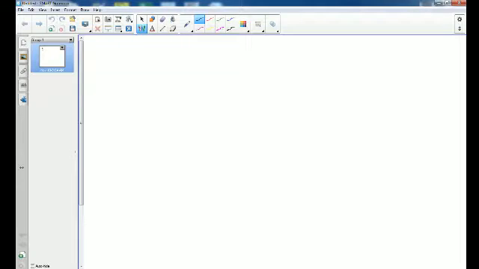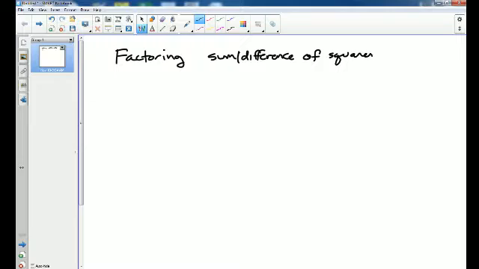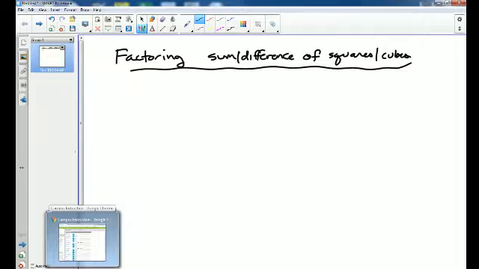Today, we have our last 3 methods. So we have sums and differences.